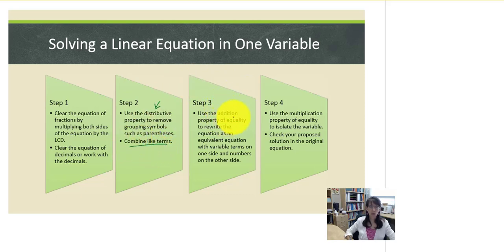Step 3, we will use the addition property of equality to help us collect like terms on each side of the equation. So basically, we want a variable to be set equal to some number to solve the equation. And finally, we may also need to use the multiplication property of equality to isolate that variable.